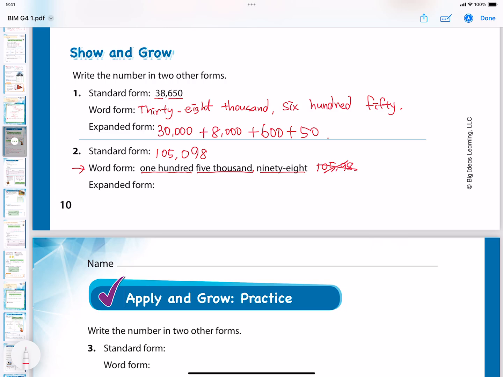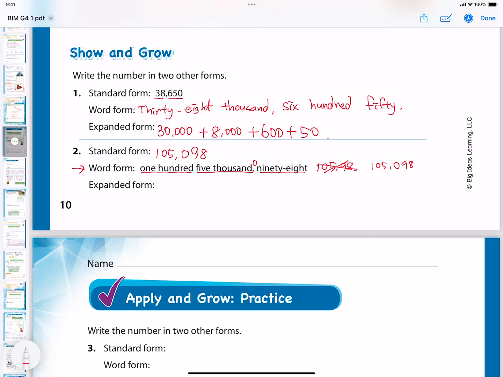If there is nothing in the hundreds place, you have to tell everybody, oh, there is nothing in the hundreds place, which is what? Yes, you need to put 0, to tell them there is nothing in the hundreds place in the ones period. You have to remember that.